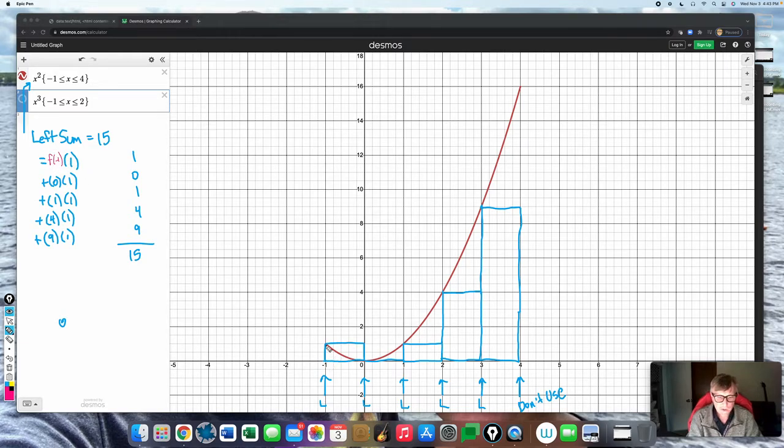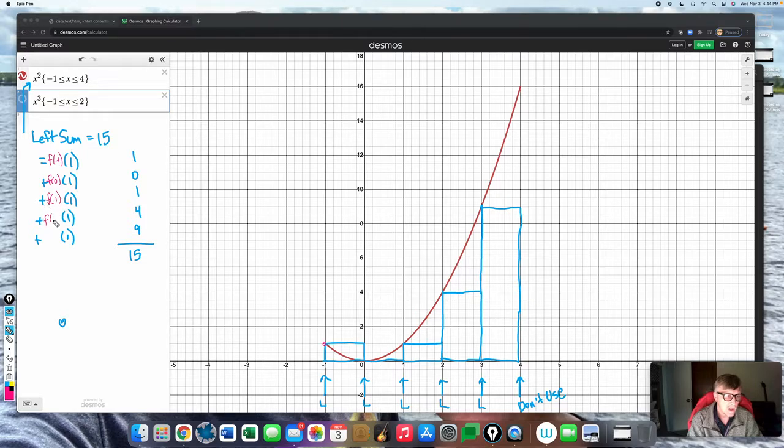I found that the height of this rectangle is the y value when x is negative 1. And so on, right? The next thing is f of 0, and so on. Let me replace all of them so you can see what's going on.